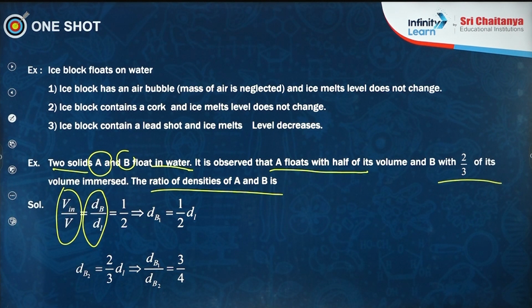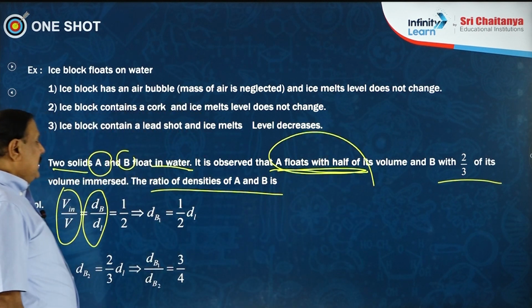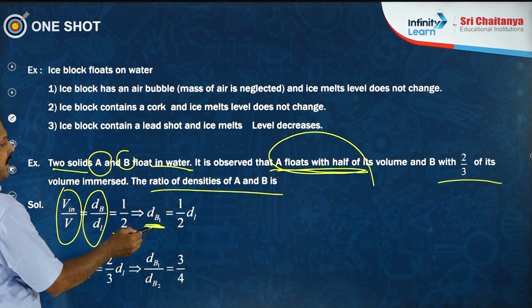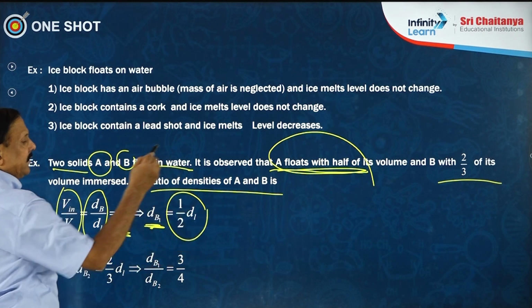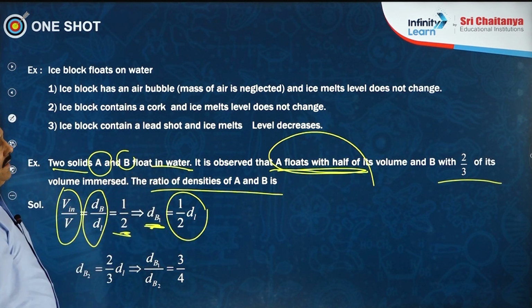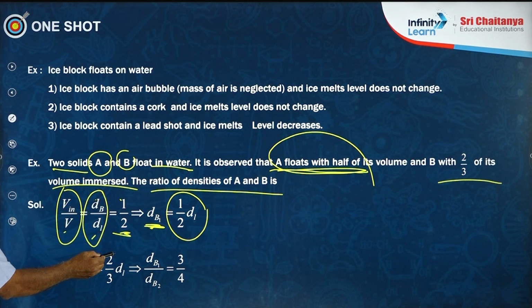Now for A, half of the body is immersed, therefore dB by dl is half, so the density of body 1 is equal to density of the liquid by 2. In the second case, body B has 2/3 of its volume immersed, therefore V in by V, dB by dl, is 2/3.